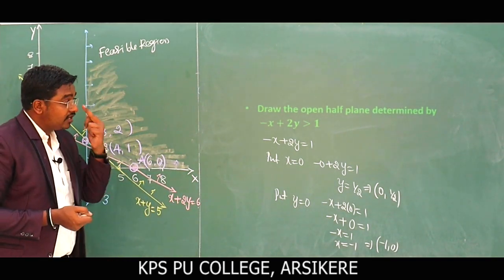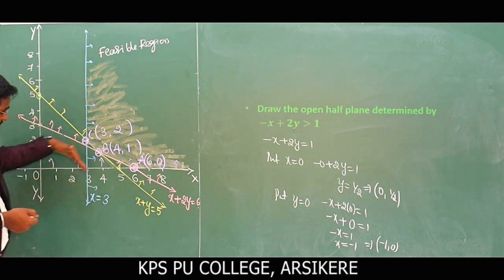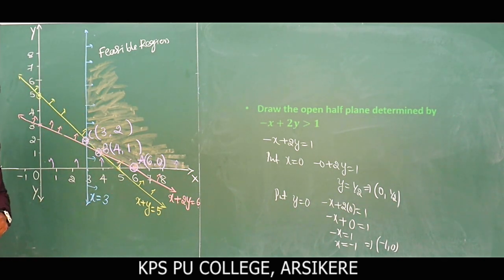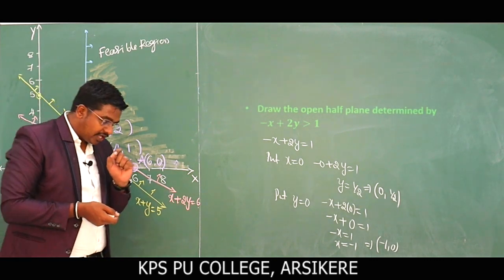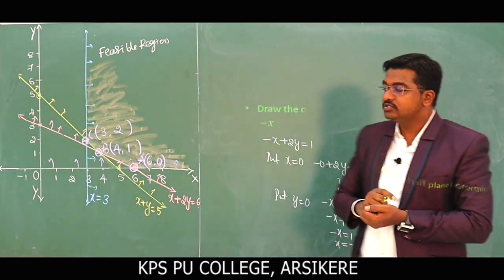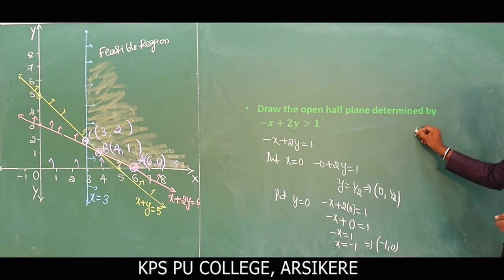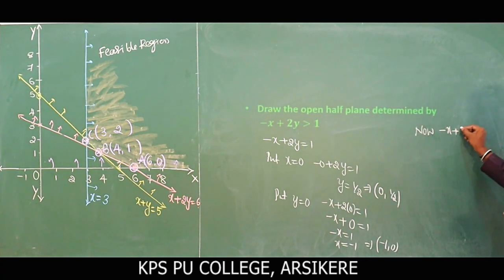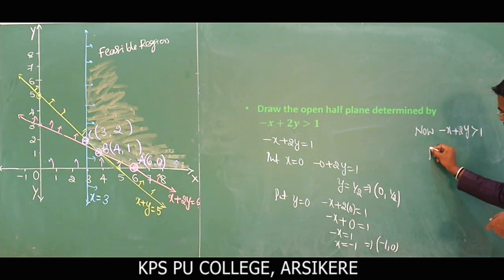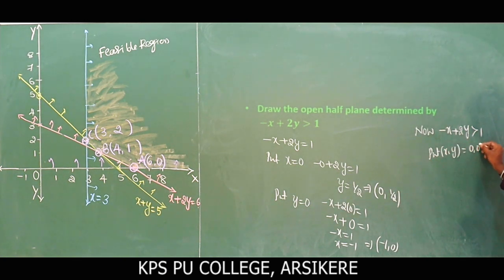We need to check whether the solution region is towards the origin or away from the origin. For that purpose, substitute x is equal to 0 and y is equal to 0 in the inequality. Minus x plus 2y greater than 1. Put x comma y is equal to 0 comma 0.